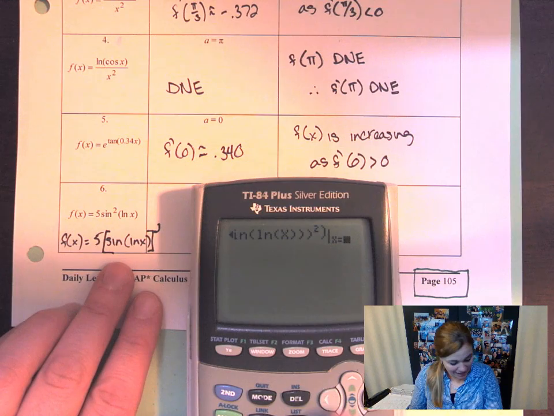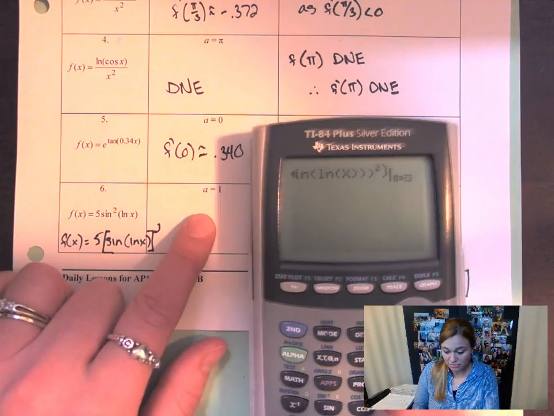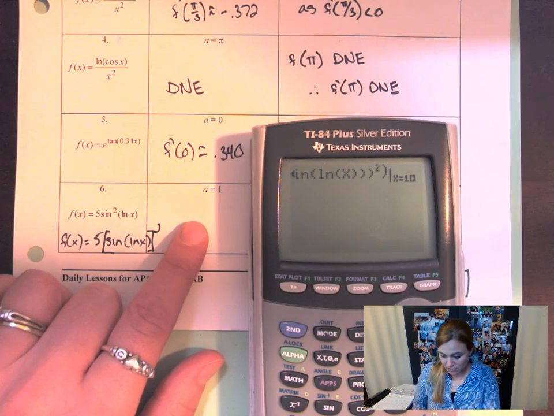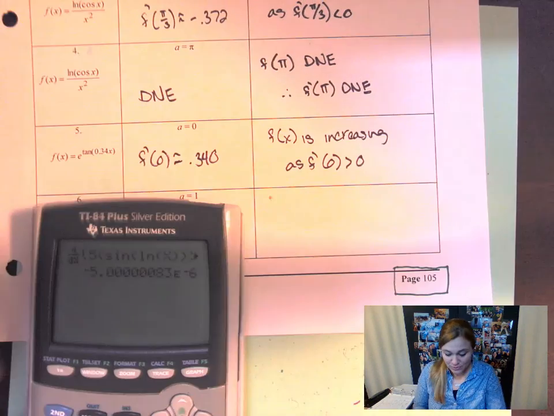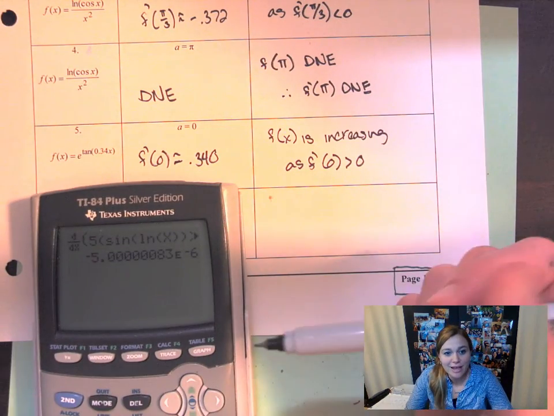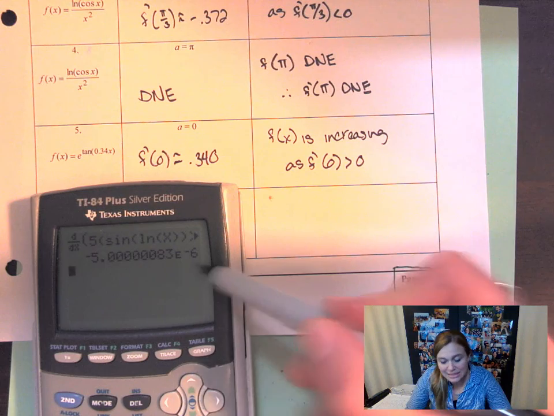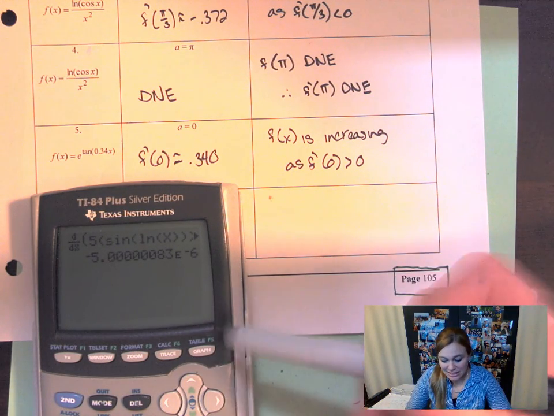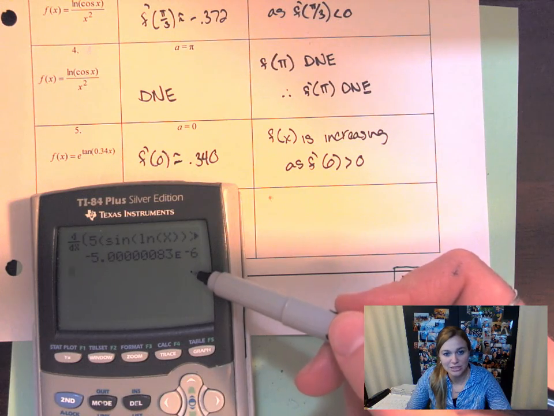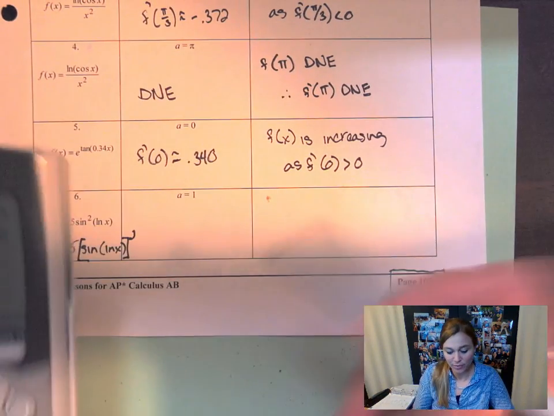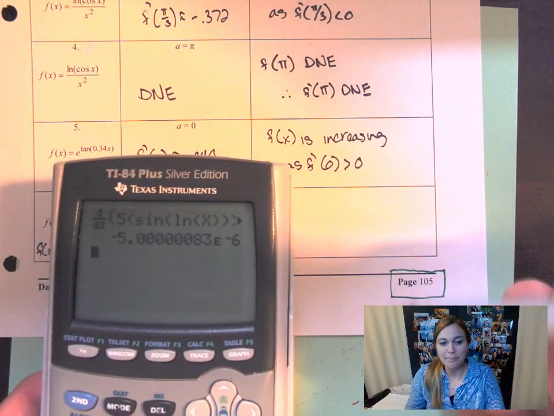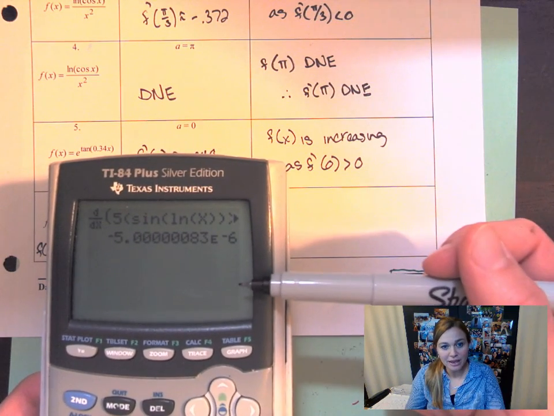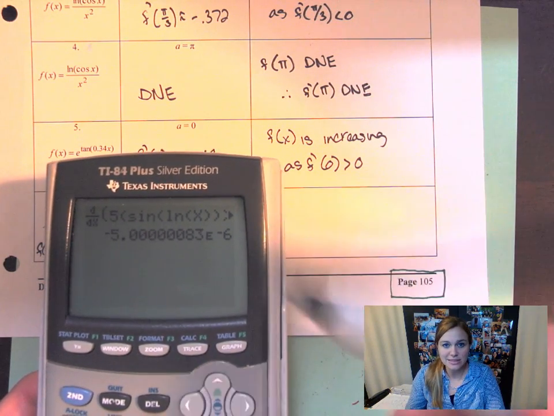And this would be at x equals 1. And this one says negative 5.000 e to the negative 6. Well, if I was rounding this to 3 decimal places, this e to the negative 6 means scientific notation, so times 10 to the negative 6 power. Your calculator is doing the best it possibly can here to estimate 0.